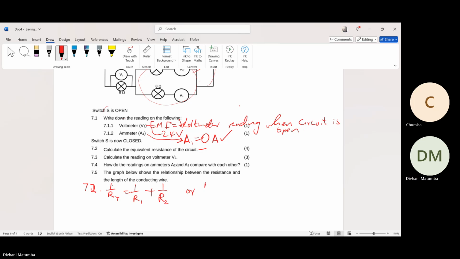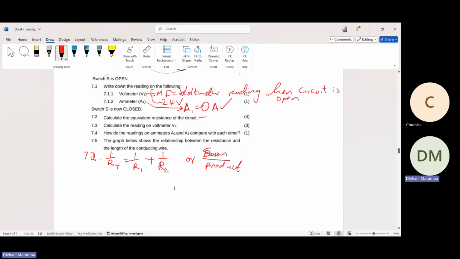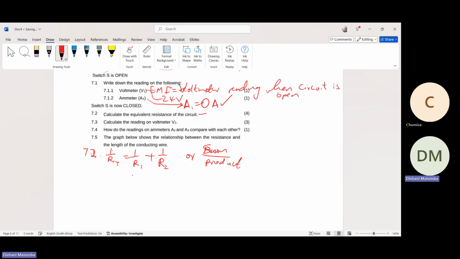Or the sum divided by the product. Okay, let's see. So 1 over the other one is 8, and the other one is also 8.